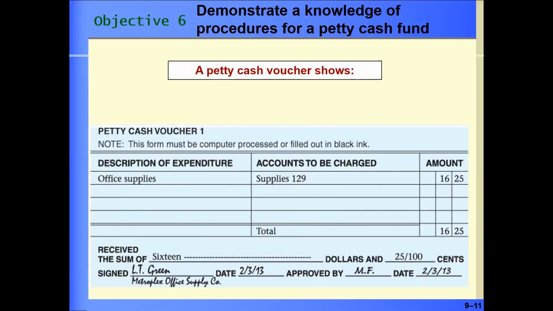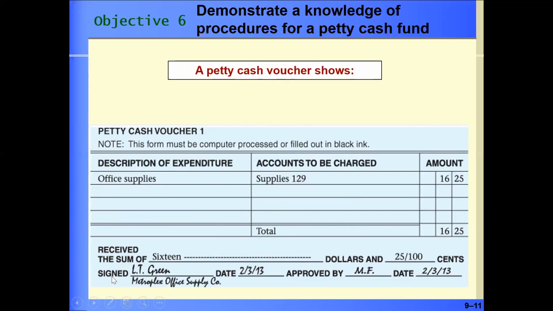So the petty cashier gave them $16.25 out of the petty cash drawer, and got this petty cash voucher along with the receipt justifying why the $16.25 was spent. In that situation, it was office supplies. It may be a cash register receipt from Office Depot.